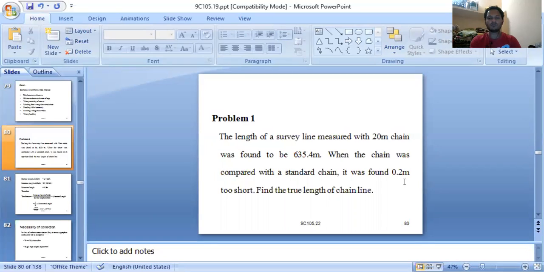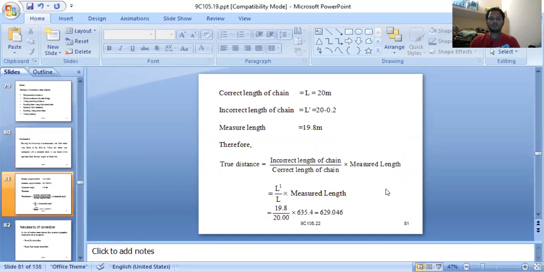So here we have to calculate the correct length of the chain as the measured length is more than the actual length. So you know the formula for true distance, which is incorrect length of the chain by correct length of the chain into measured length. Whereas incorrect length is L dash.